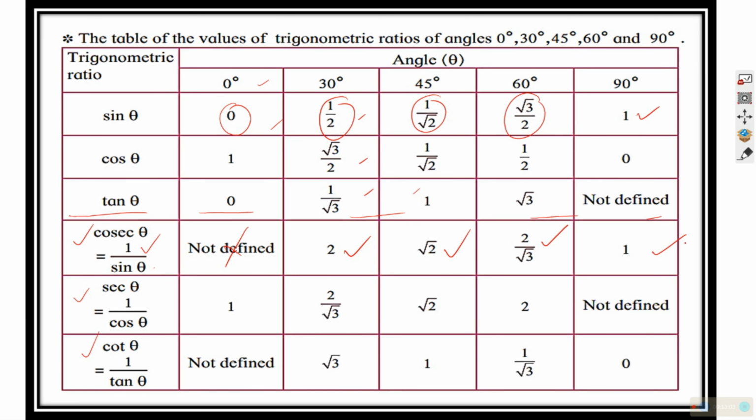Inverse of 1 is 1 itself. So we took the inverse of cos theta and wrote over here 2, root 3, root 2, 2, and inverse of tan theta we are taking, as it is not defined here, root 3, then inverse of 1, and inverse of root 3, 1 upon root 3.